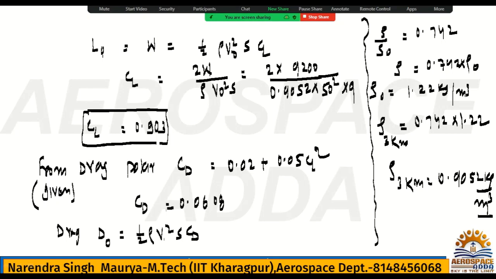This density will be at 3 kilometer, no problem. This velocity will be V naught, and CD is no problem because it is constant. So it is 1 by 2, density 0.9052, velocity 50 square, S is 9, into CD 0.06.